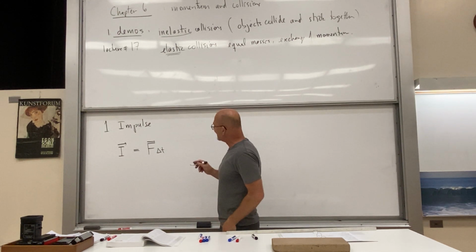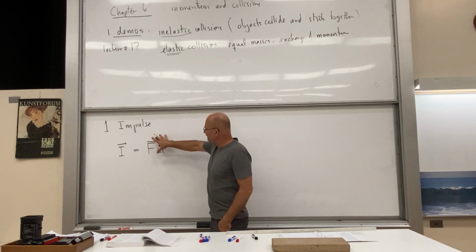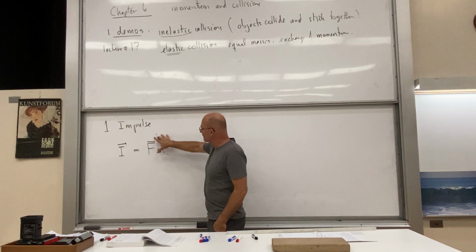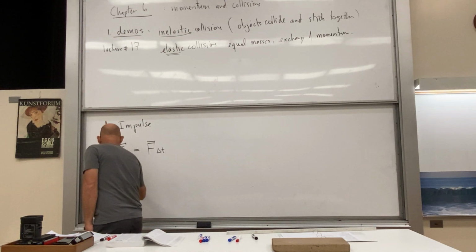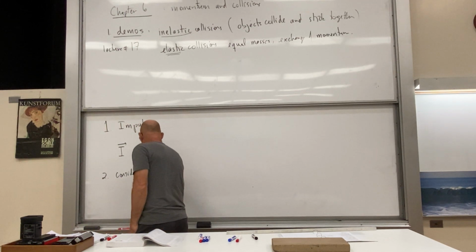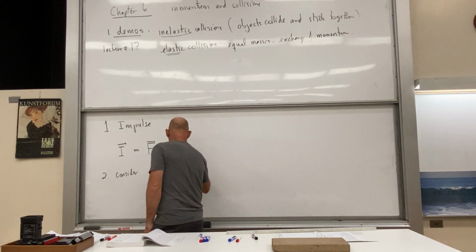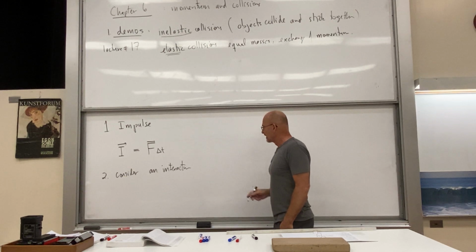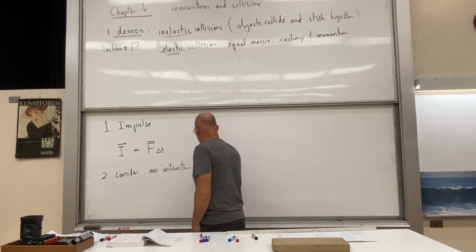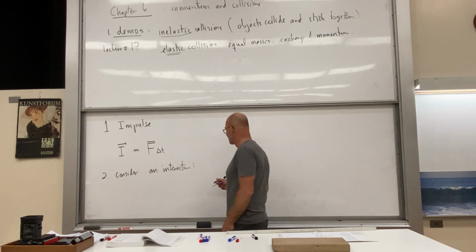So this is the impulse, and the way we can bring Newton's laws into this is to immediately consider an interaction between two objects. So that would be a collision, like we were just looking at.